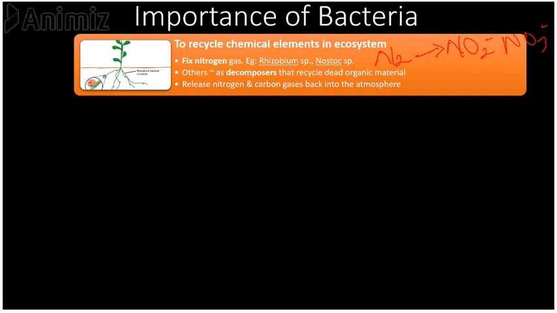And then bacteria also release nitrogen and carbon gases back into the atmosphere. Normally carbon is released in the form of carbon dioxide, whereas nitrogen is released as N2 gas.